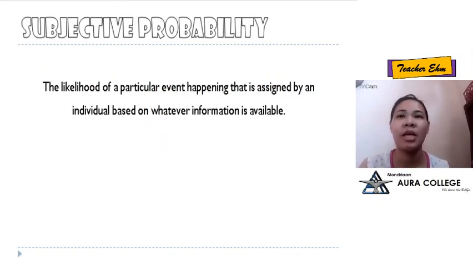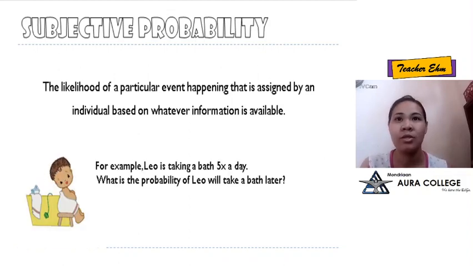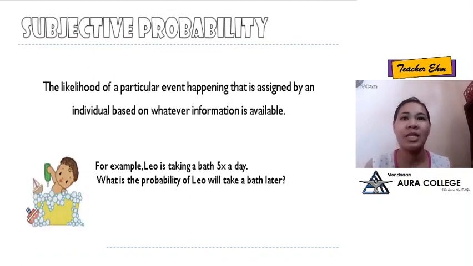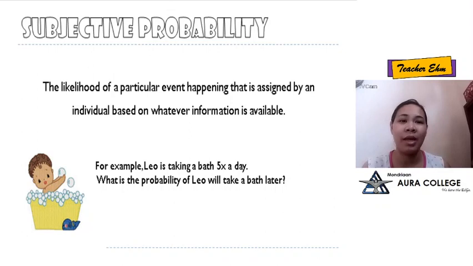Subjective probability is the likelihood of a particular event happening that is assigned by an individual based on whatever information is available. For example, Leo is taking a bath 5 times a day. What is the probability that Leo will take a bath later?